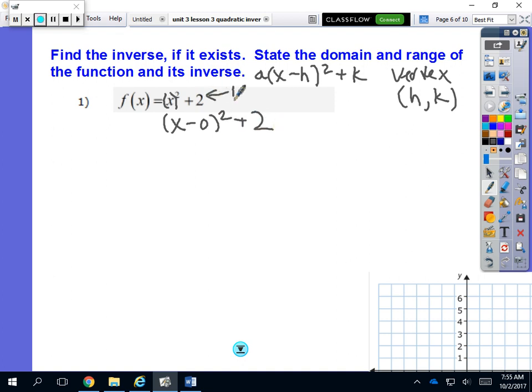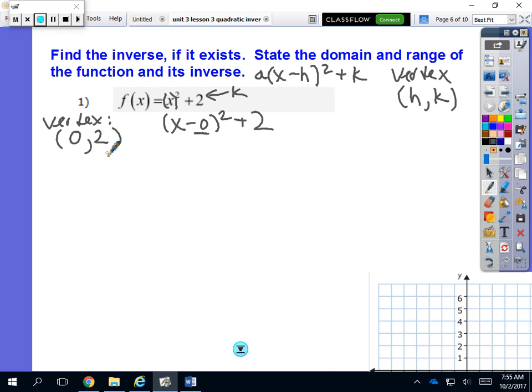Your constant term is always your k. The thing in the parentheses with the x is always your h. But if there's nothing in the parentheses with the x, in other words, you have just an x squared, h is 0. So in this case, my vertex is (0, 2), because k is the same sign as that.